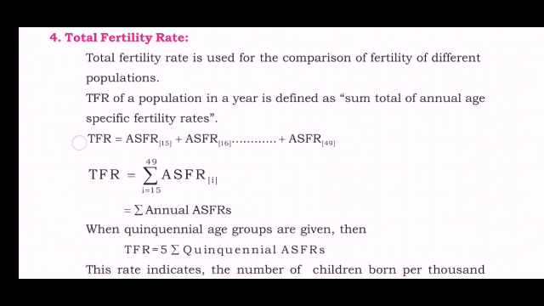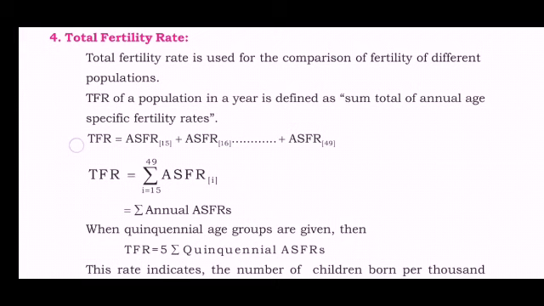And also we can calculate ASFR for a particular age group, 15 to 19 year, 20 to 24 year, like that. That is called quinquennial ASFR. We also discussed in the merits that the ASFRs are used in calculating TFR, total fertility rate. So what is this total fertility rate?